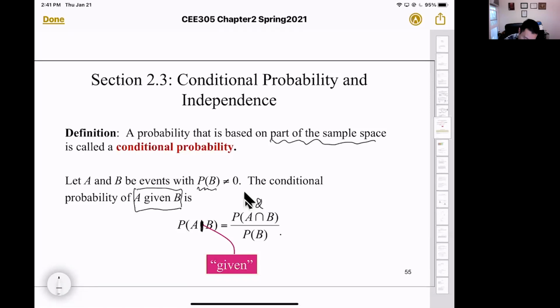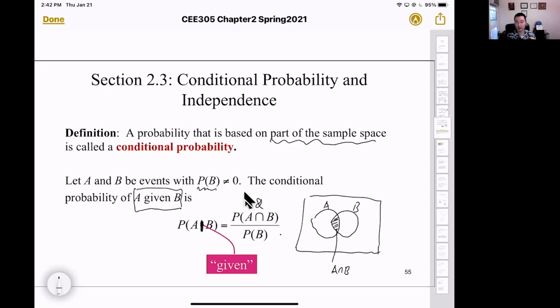All right, so we can think in this way also. We have two events, one is A and one is B. So P(A and B) is this part. This part is A and B, both A and B occur, so that's the intersection of these two circles.